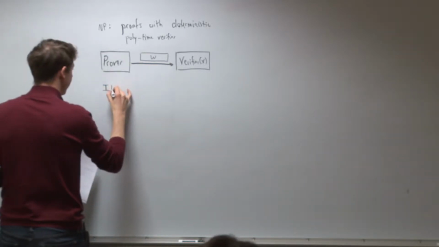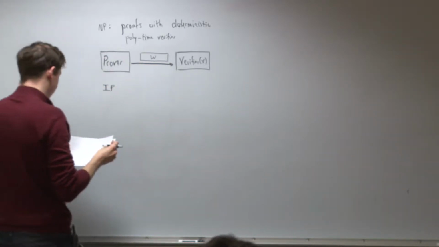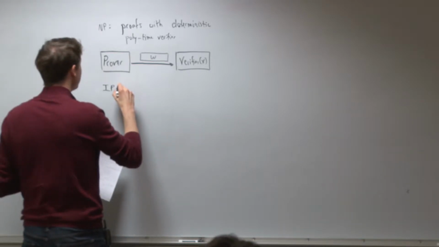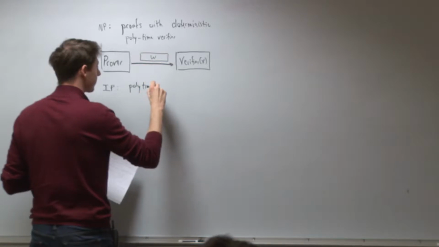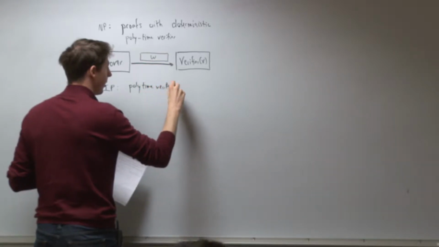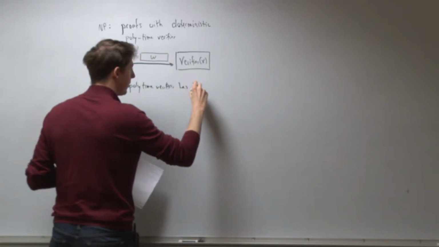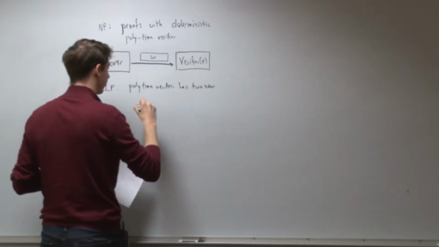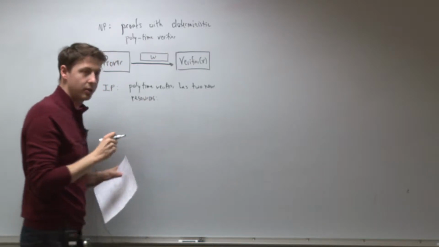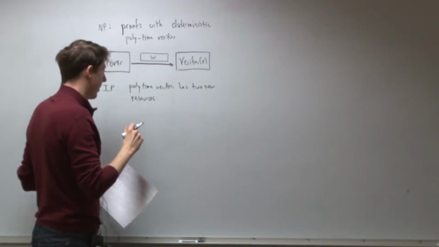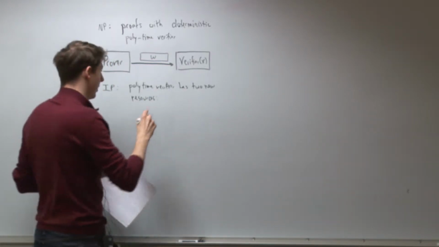Now, we spent quite a bit of time talking about interactive proofs, where the polytime verifier has two new resources. So what are the two new resources? Randomness, right?